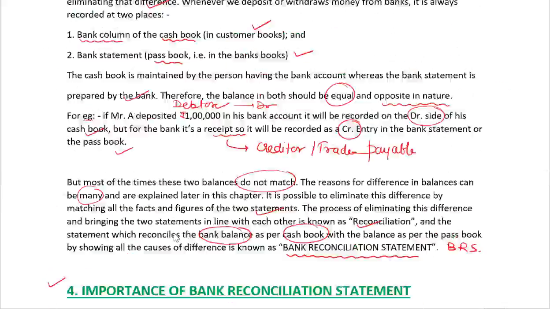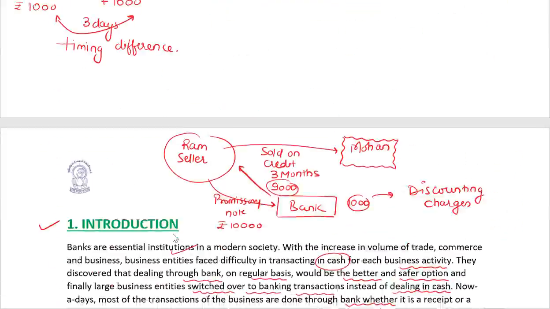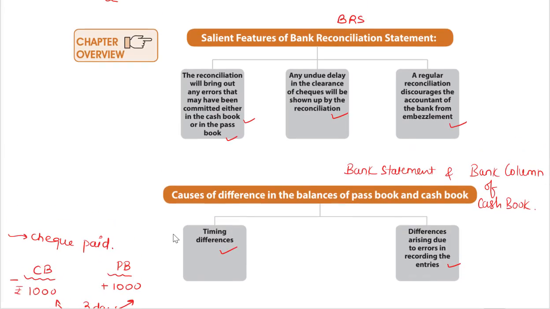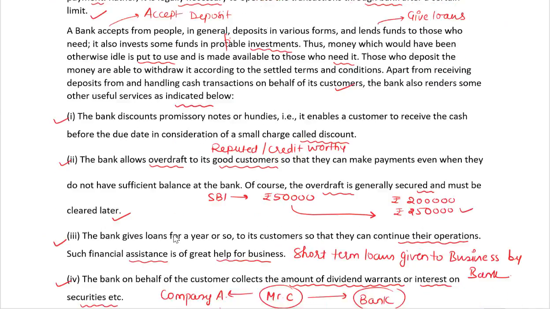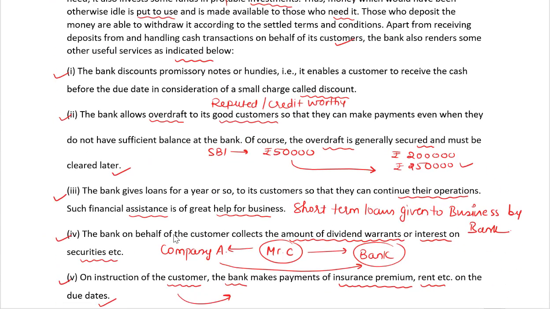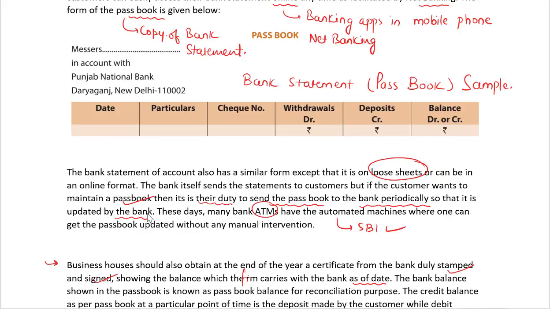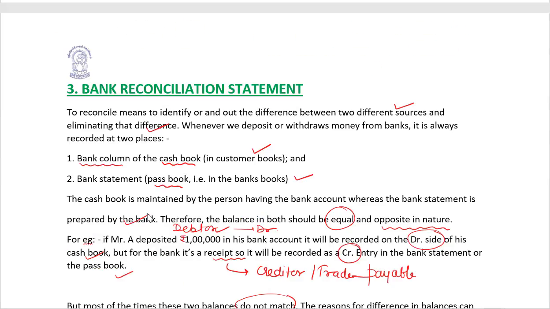So what we have done in today's class, just take a quick recap and then we'll end the class. We have seen the learning objective. We have taken an overview of the chapter. Introduction we have done. We have seen the features of a bank, basically the work done by the bank or the services provided by the bank to their customers. We have analyzed the bank passbook in detail, and then we shifted to BRS, the bank reconciliation statement.